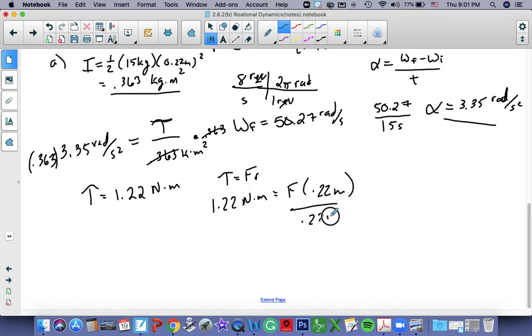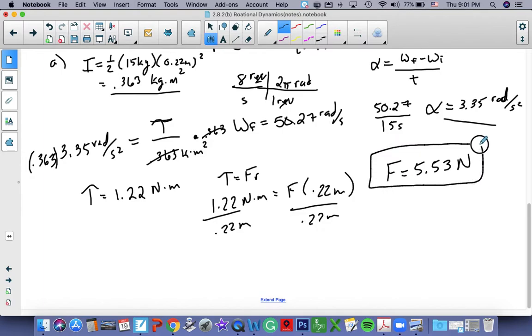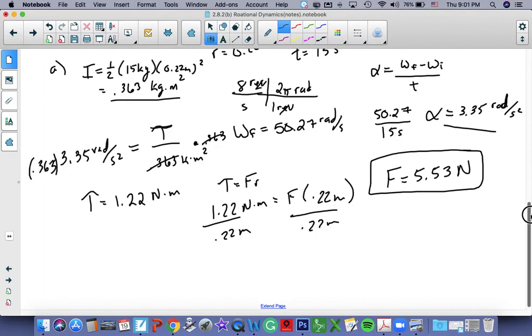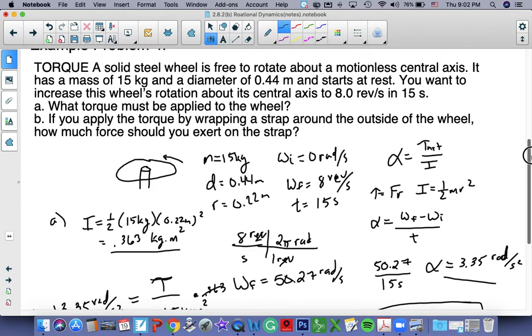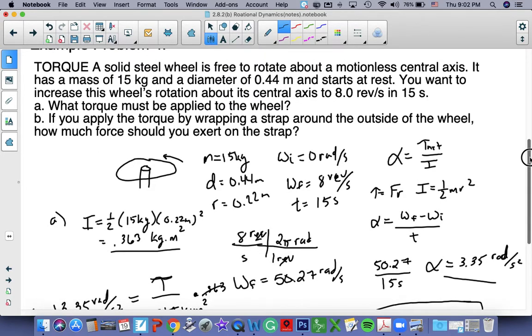Divide by that, and we get 5.53. So my force is equal to 5.53, and that would be in newtons. So that's how much force we would need to get it to go from 0 to 8 revolutions per second.